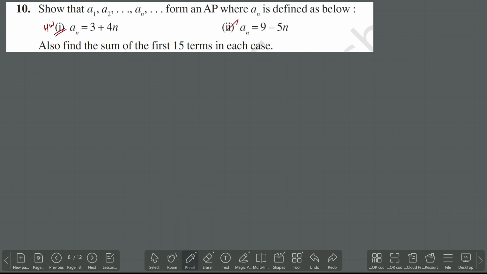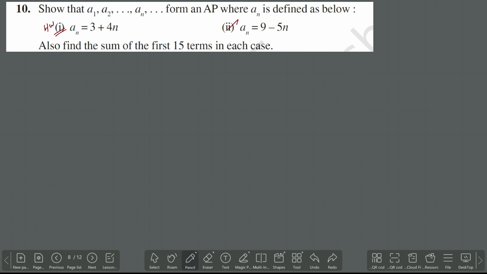there is a 9. Show that A1, A2, AN form an AP where AN is defined below. They said we have to show A1, A2, A3 form an AP, for that AN is given.